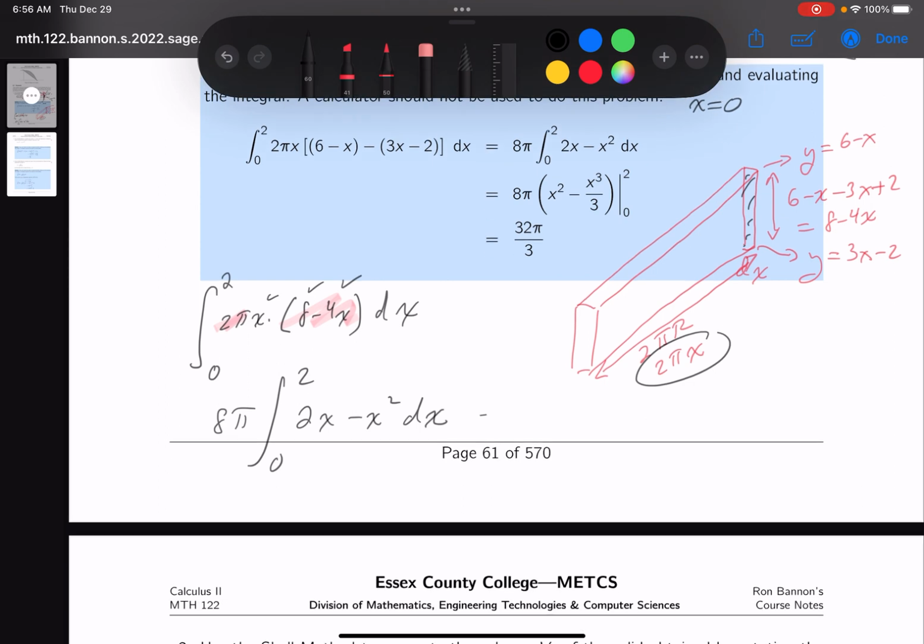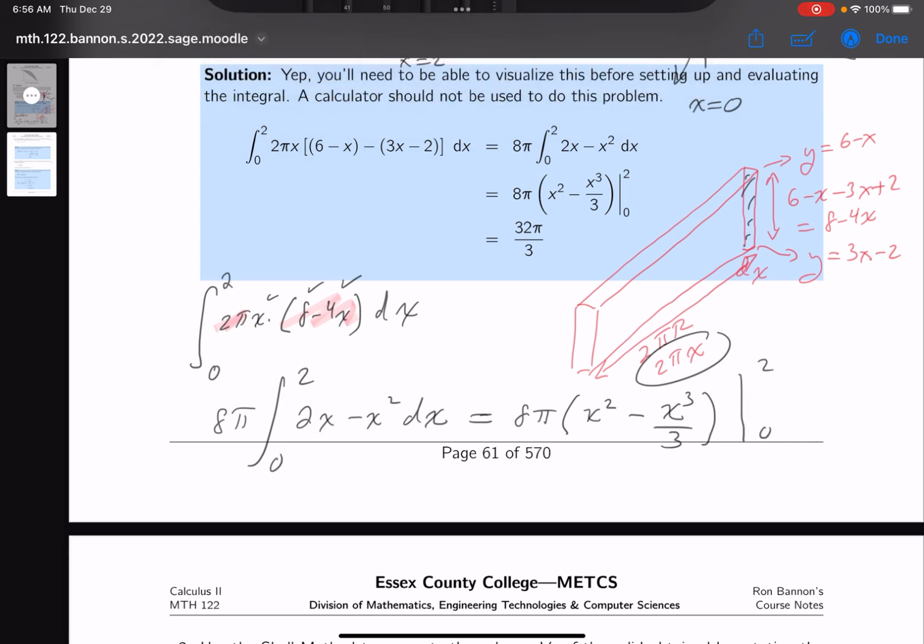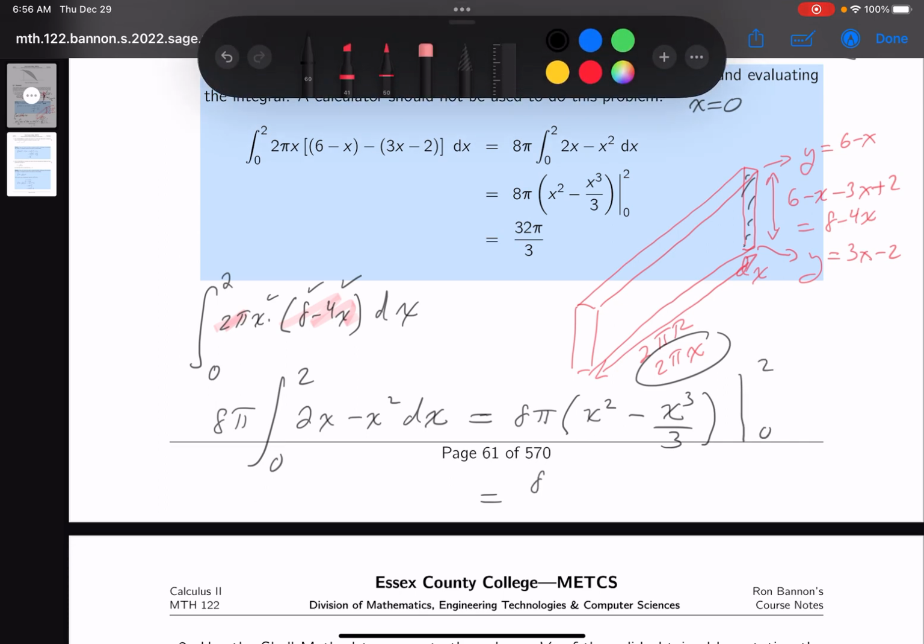What do you get? You're going to get 8 pi. Let's see, you would get 2x squared over 2, which is just simply x squared, minus x cubed over 3, limits of integration 0 to 2. 8 pi, 2 squared is 4, minus 8 thirds, minus 8 pi times 0.